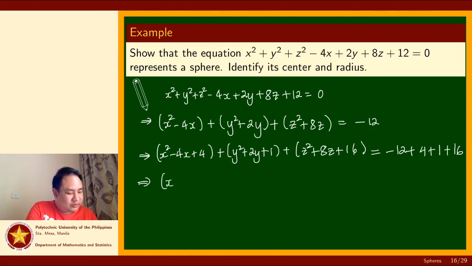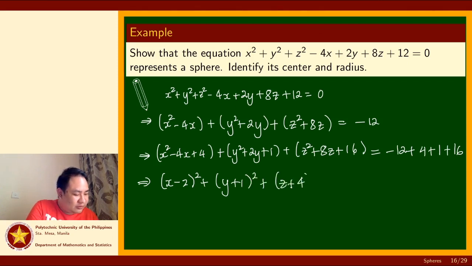Now all in all, this is x minus 2 squared, plus y plus 1 squared, plus z plus 4 squared. Simplifying the right-hand side, 16 plus 1 plus 4 is 21, minus 12 is 9. And we know that 9 is 3 squared.